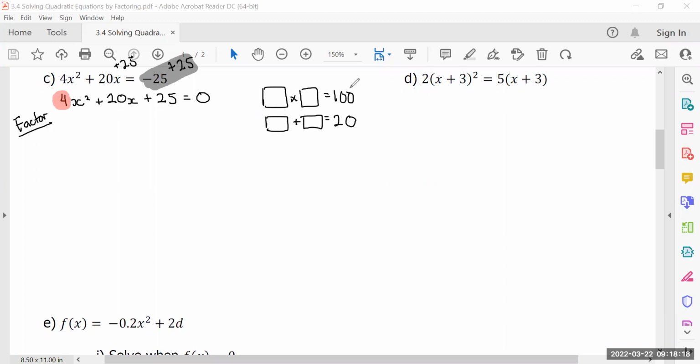I think you'll find it. It's pretty straightforward. Yeah, 10 and 10. So let's do it. Decomposition, unfortunately, because of that 4, we have to do it the long way. This is 4x squared, 10 and 10.